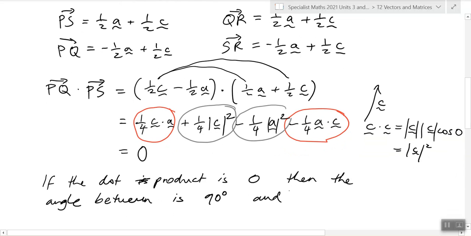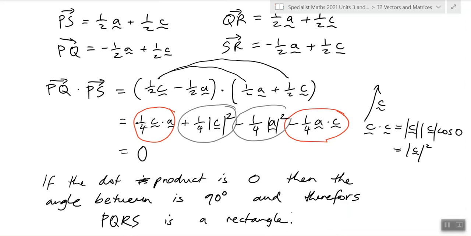And therefore PQRS is a rectangle, because we showed two sides were equal, two other sides were equal, and we also showed it is perpendicular.